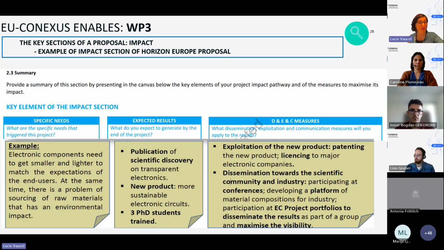You can imagine dissemination towards the scientific community and industry, participating at conferences, developing a platform of material compositions for industry. You can imagine participating at European Commission project portfolios to disseminate the results as part of a group and maximize the visibility of your project or of your results.